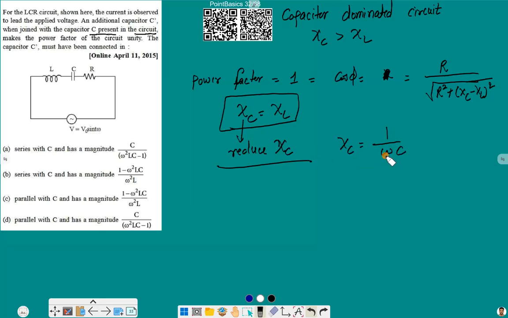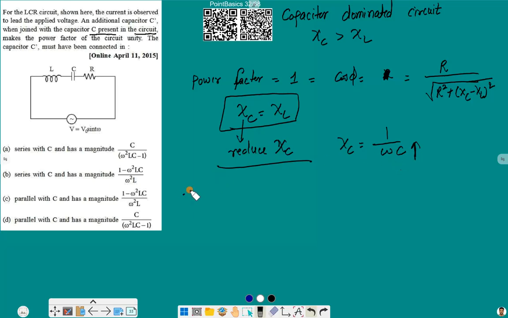To make the power factor unity, we need to reduce XC, and XC is given by 1 by omega C. Omega is fixed, so how can we reduce the value of XC? We need to increase the capacitance of the circuit. And how can we do that? We know that when we connect a capacitor with another capacitor in parallel, their capacitance adds up.